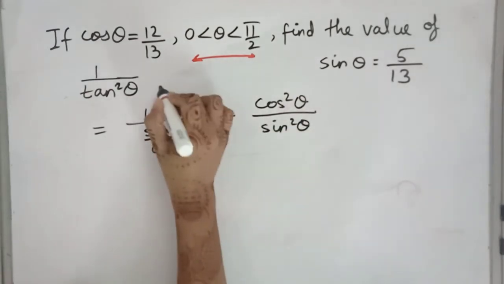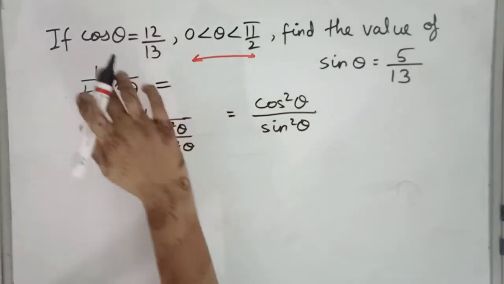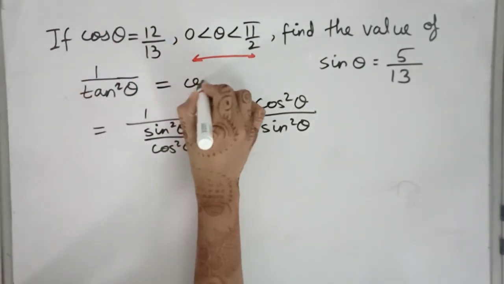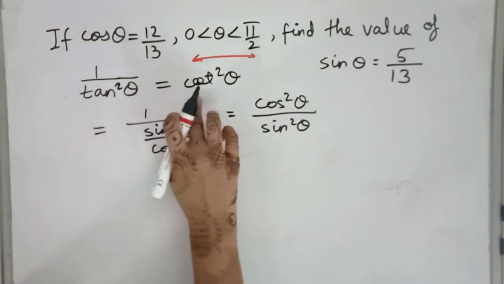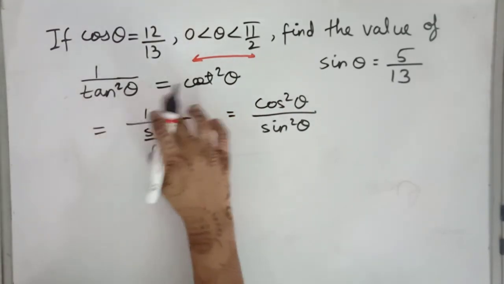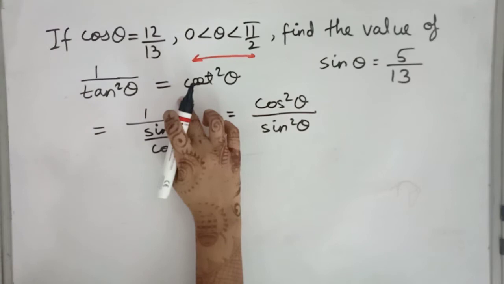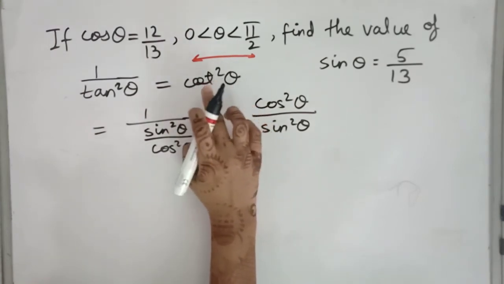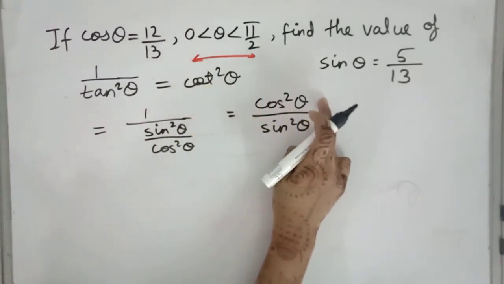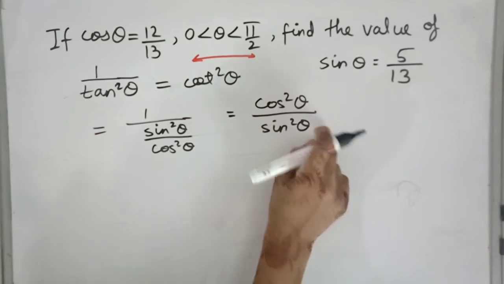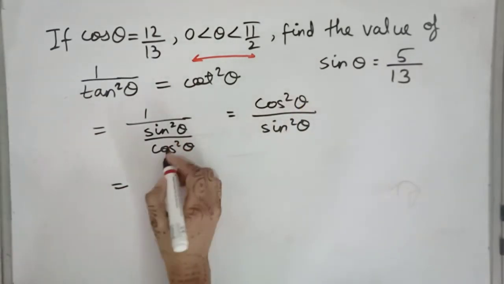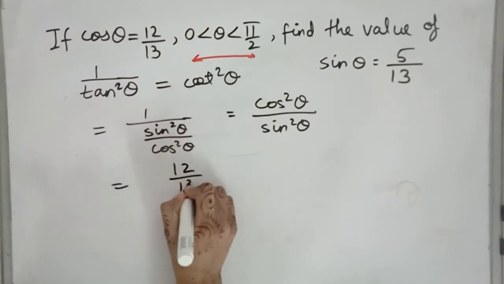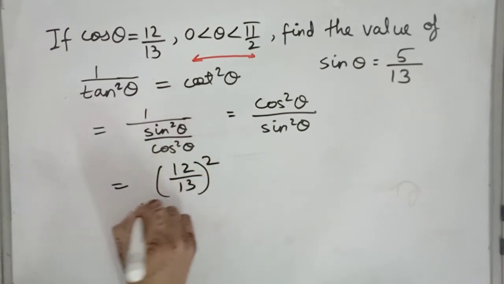Also you can do it this way: 1 upon tan square theta is cot square theta. You know cot is the inverse of tan theta. So 1 upon tan square theta is equal to cot square theta. And cot square theta will be equal to cos square theta upon sin square theta. Now we will put the value. Cos square theta is 12 upon 13 square.